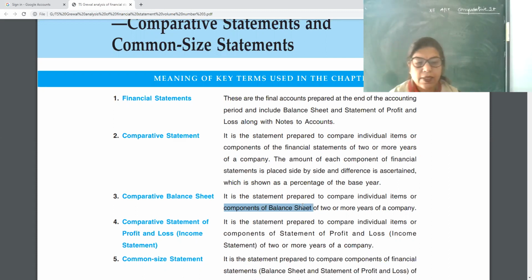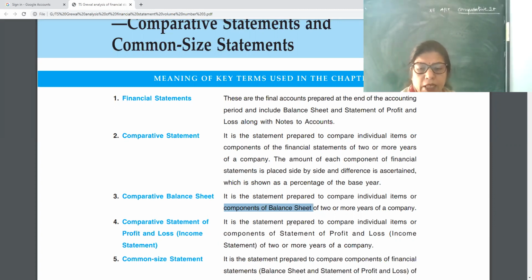Now, next is comparative statement of P&L. Income statement is also another term for that. See, my dear children, when we study the comparative statement, we can divide it into 2 parts. One is comparative balance sheet and another is comparative statement of profit and loss, income statement.